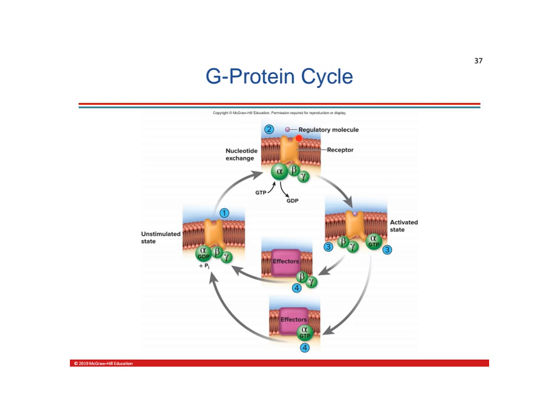Now, when the regulatory molecule, which could be a ligand like a neurotransmitter or hormone, binds to the G protein coupled receptor, then the alpha unit will essentially exchange GTP, guanosine triphosphate, for GDP, guanosine diphosphate.